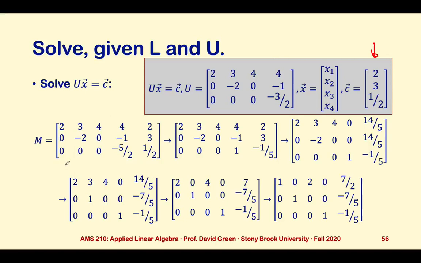We set up an augmented matrix where the first block is U and the last column is our vector C, and we wish to solve this. Again, we take Gaussian elimination. Because U has already stored the steps of forward elimination, it's already in an echelon form with our pivots here. The only thing we need to do is back substitution.